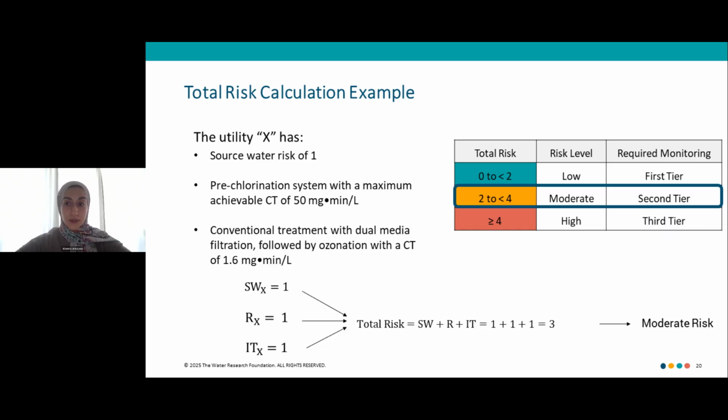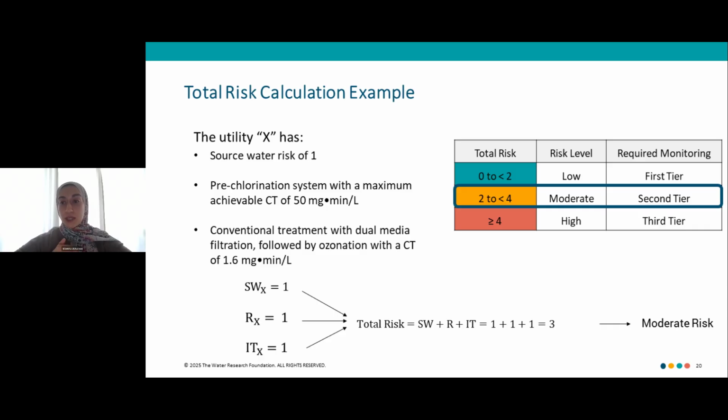If you recall the threshold from the earlier table, the threshold for free chlorine with microcystin LR was around 138 milligram-minutes per liter, which means that this value is below the threshold that we are proposing. That treatment train also consists of conventional treatment followed by ozonation. However, the ozonation had a CT of 1.6, which is above the threshold that we are proposing. So overall, that utility scored a risk level of 1 when it comes to insufficient treatment.